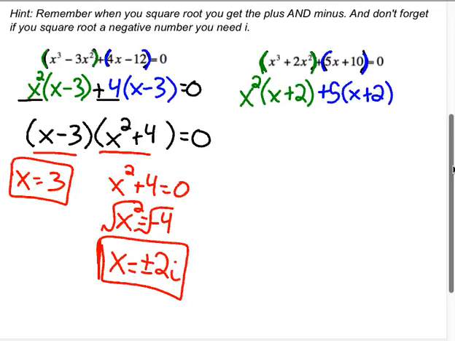Remember, that is the key. You need to make sure you're left with that same parenthesis twice, because that being the same is how I'm pulling it together out front.